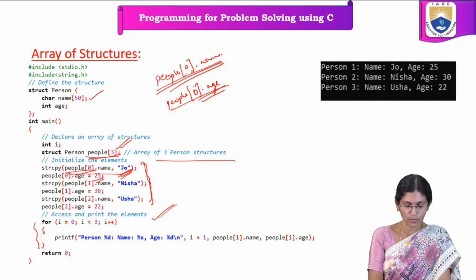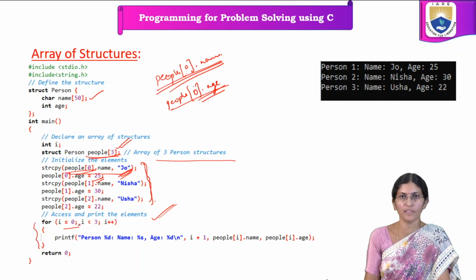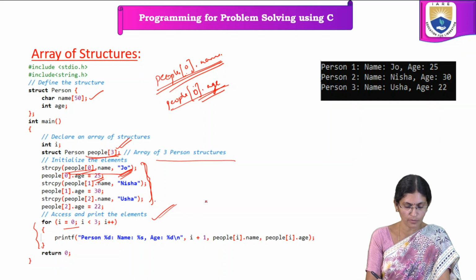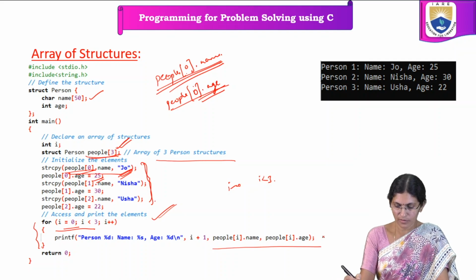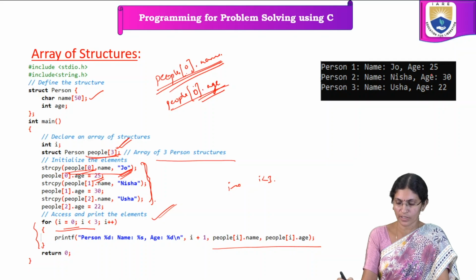we can use the for loop. The for loop's starting value is 0, the i value starts from 0. We have a maximum of 3 elements, so it is i less than 3. After execution of this program we'll get the output in this way. Person 1 name is Joe, age is 25.